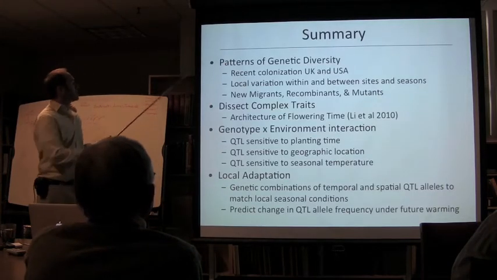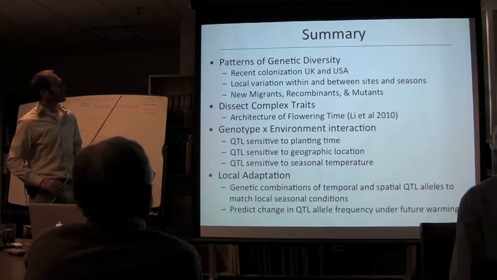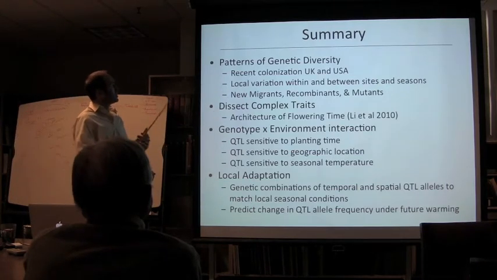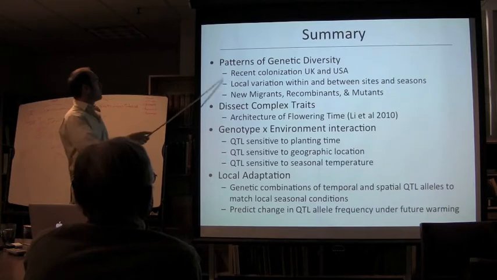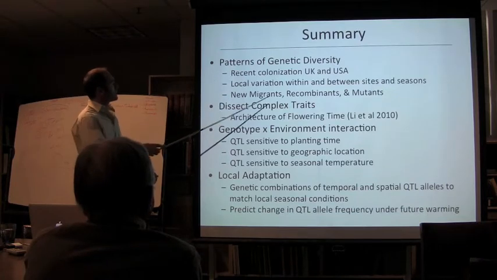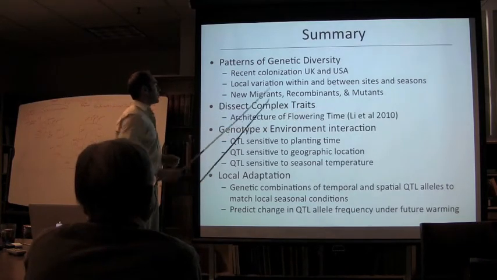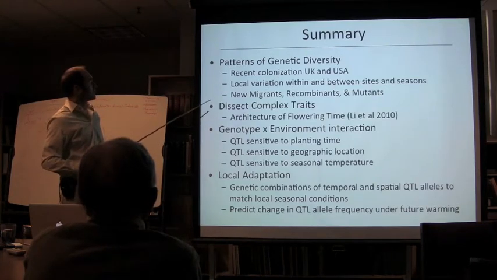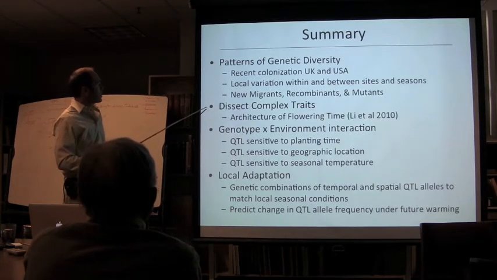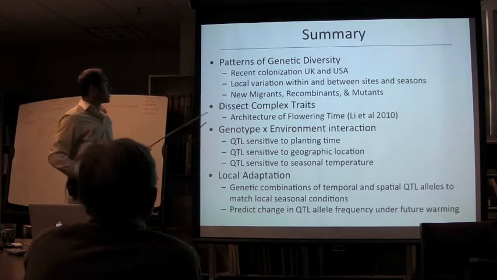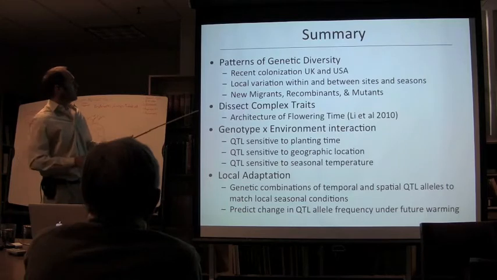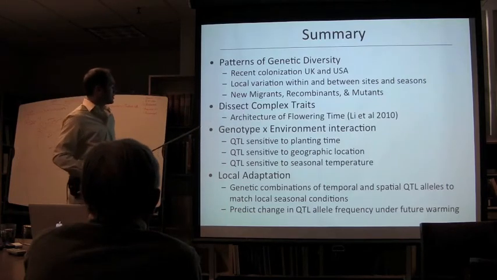We can look at patterns of variation across the landscape to understand recent demography and population turnover, new migrants, recombinants, natural populations of mapping lines from a few founders. Complex traits, either flowering time or using time-lapse cameras to really get at real-time behavioral variation.